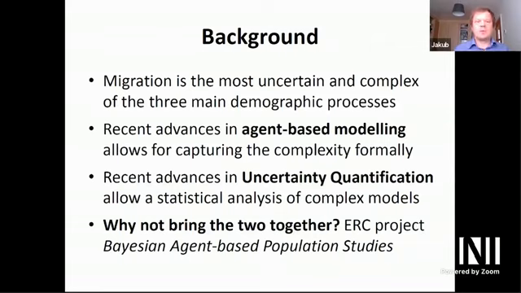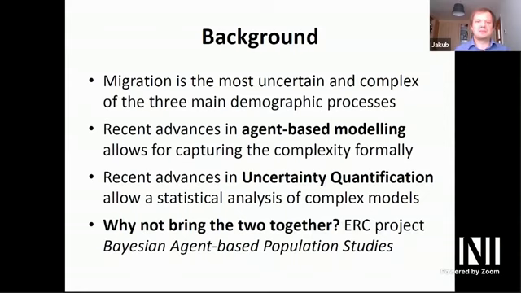Where we started working on that, the situation in the field was such that we had recent advances in agent-based modeling, the social simulation and analytical sociology paradigms, that allow for capturing some of the complexity in a formal way.